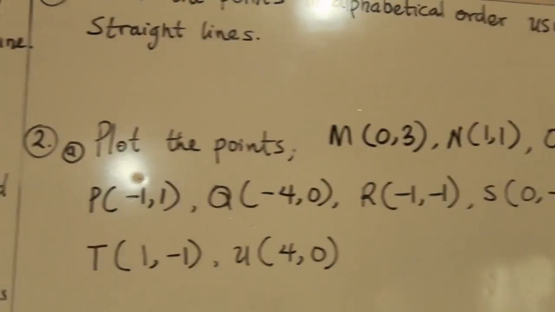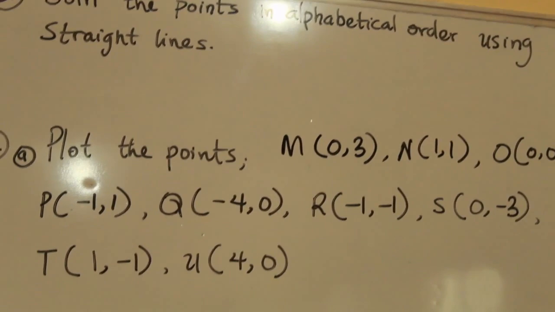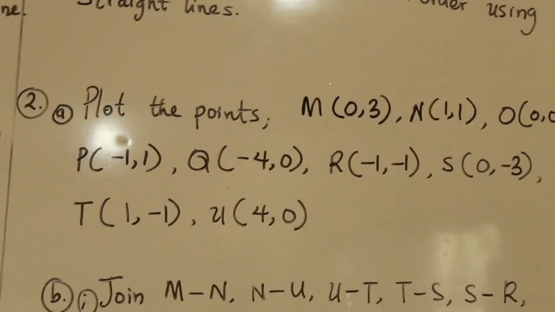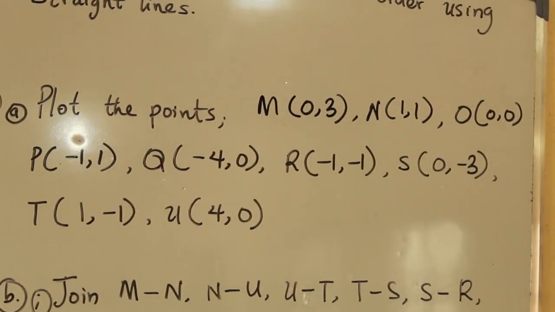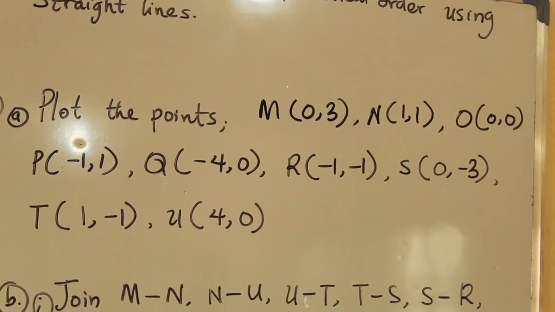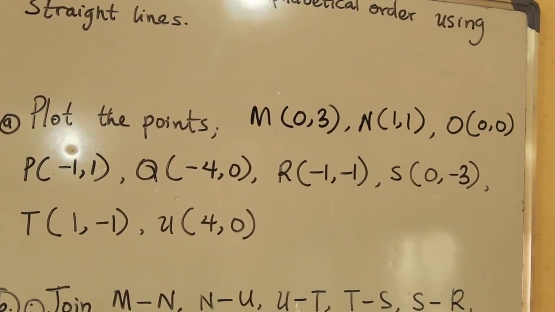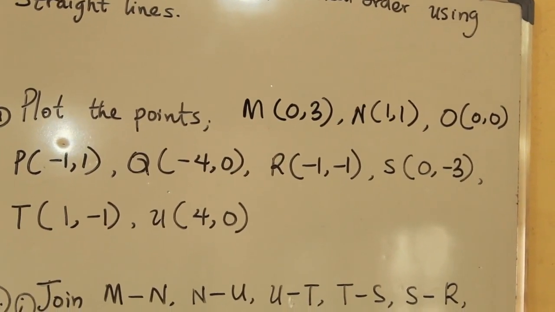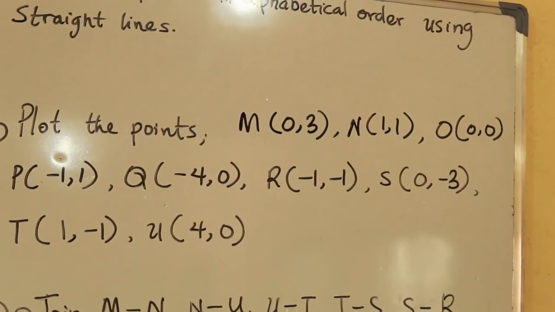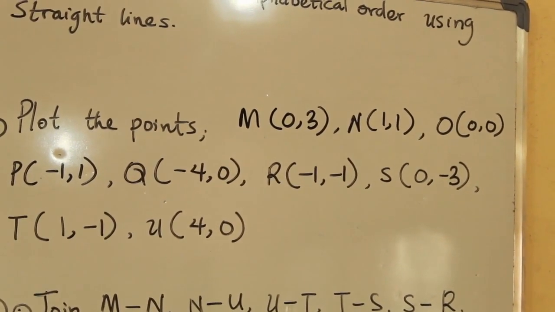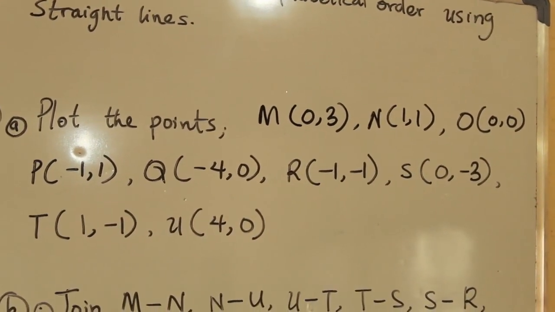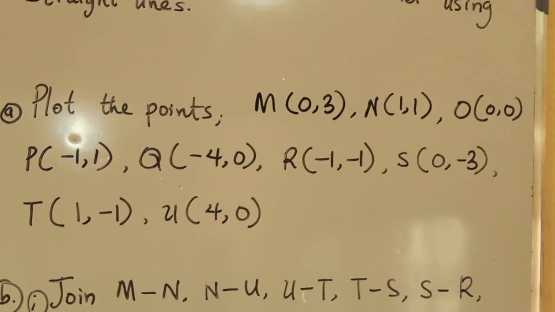Number 2, plot the points M (0, 3), N (1, 1), O (0, 0), P (-1, 1), Q (-4, 0), R (-1, -1), S (0, -3), T (1, -1), U (4, 0).